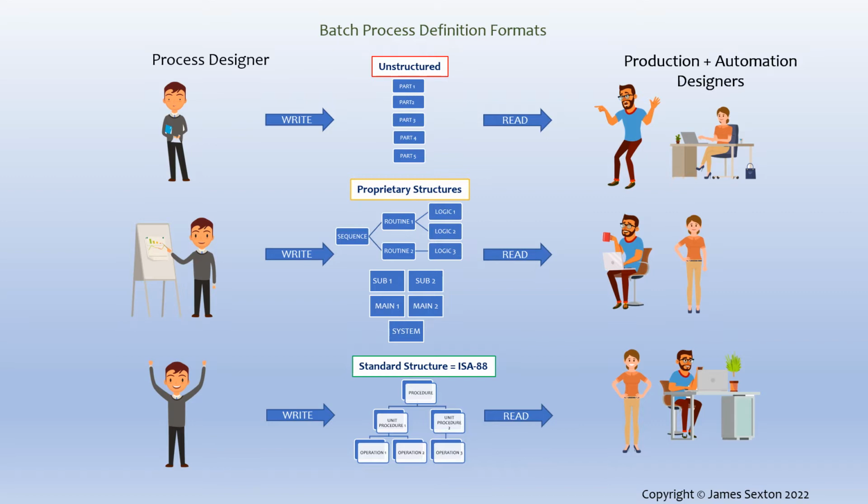To do this, it has two main aims. Firstly, to standardize the language we use to define the requirements. This is the terminology part of S88. And secondly, to categorize and structure the data in a standard way. This is the purpose of the models.